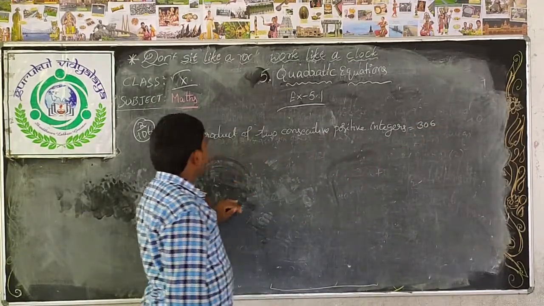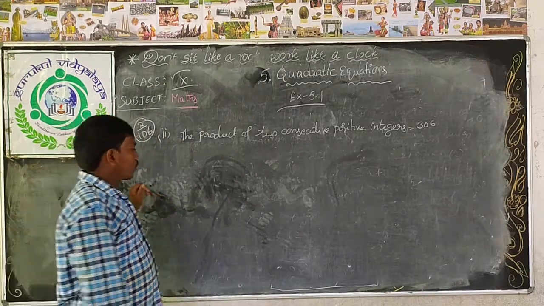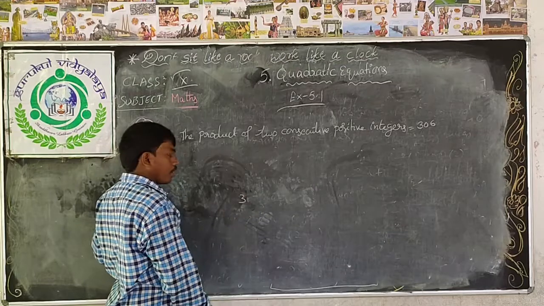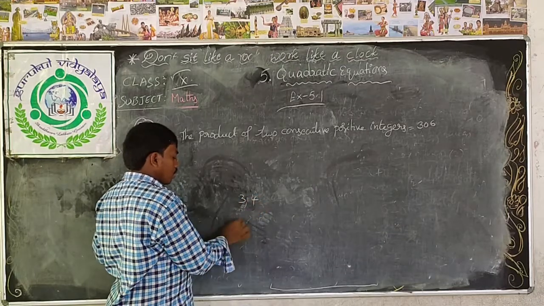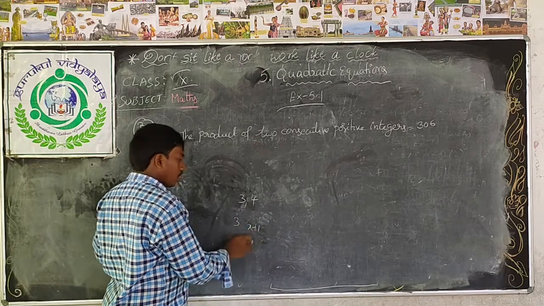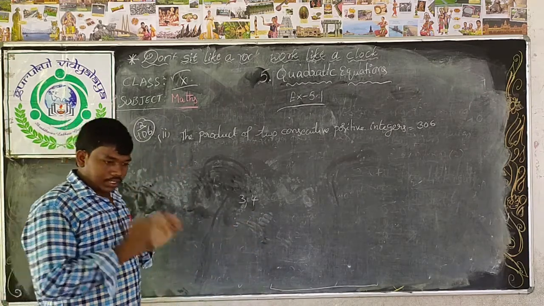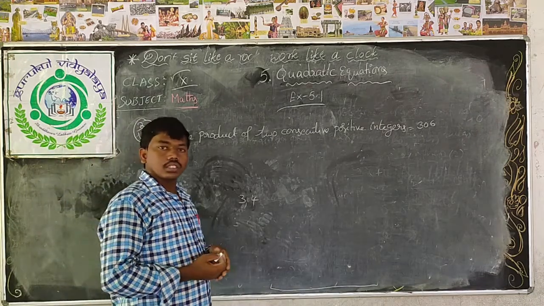Children, consecutive integers means, for example, 3. What is the consecutive number of 3? 4. So if 3 is x, how can you get x plus 1? Okay, 5. What is the consecutive of 5? 6. Next to 6 is the consecutive 7.